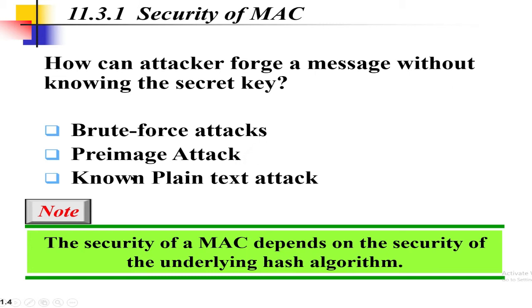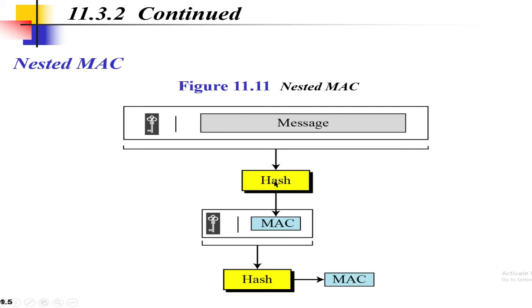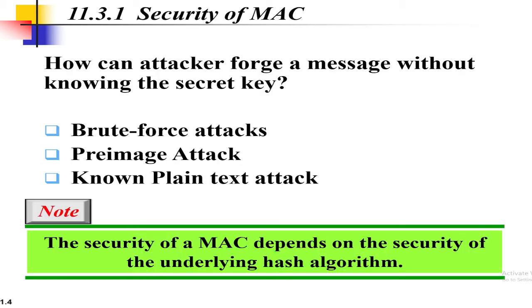Next is the chosen-plaintext attack: the attacker can find the secret key by checking some pairs of message and message authentication code. The security of message authentication code basically depends on the security of the hash algorithm.